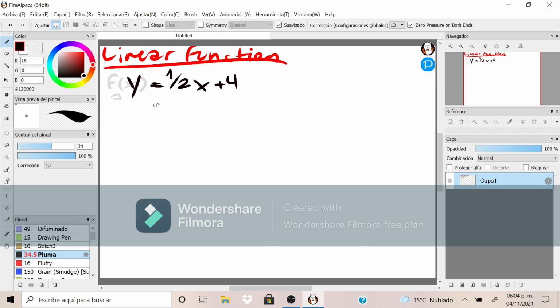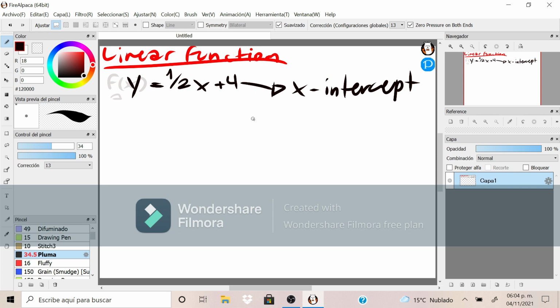Now, after we change it to y, we're going to obtain what is called the x-intercept. Basically, we're going to get x. So all we gotta do is solve the equation.